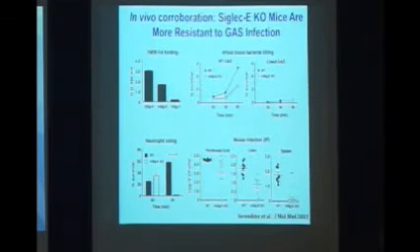So we wondered, if you get a Siglec-E knockout mouse that is then not susceptible to this immune suppression, would it do better than a normal mouse with respect to group A strep infection? And what we saw is that, in fact, blood from these mice is better able to kill group A strep, and that there is a reduction in bacterial counts in the absence of Siglec-9.